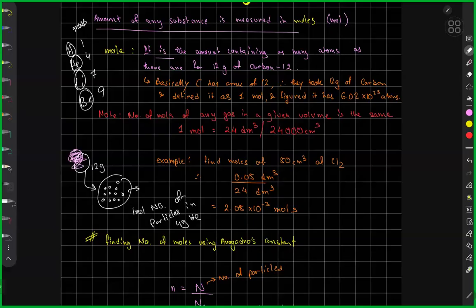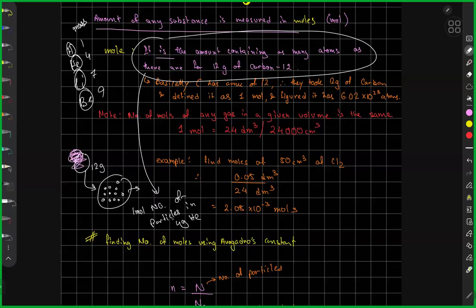Yes, it is. While you can say this with respect to carbon, I can also say that however many atoms there are in 4 grams of helium, that defines 1 mole. And we'll look into the maths of it to prove it to all of us.